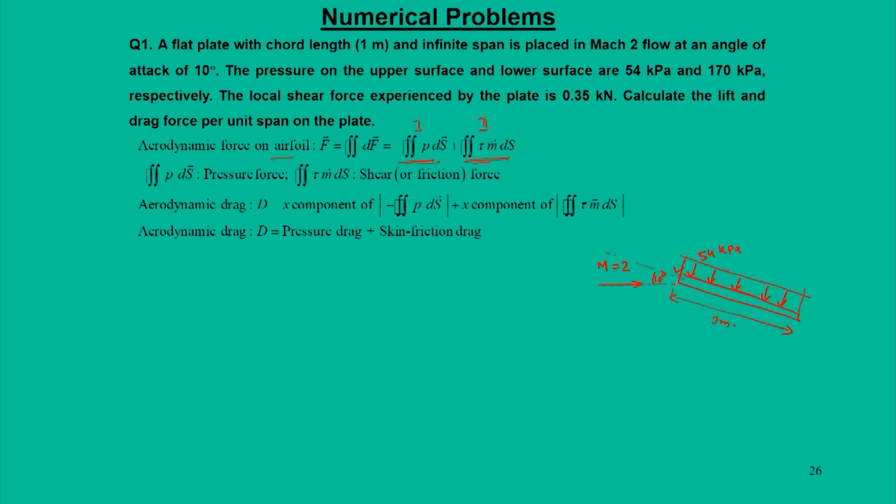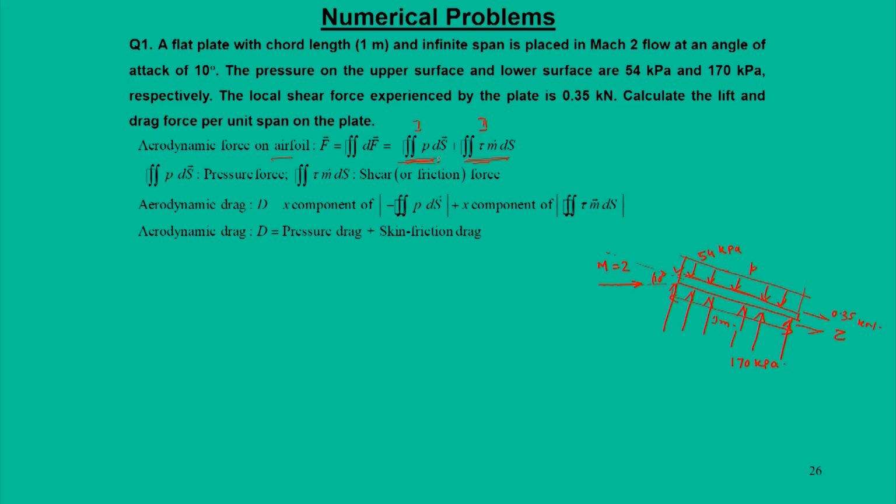Similarly, the lower surface experiences 170 kilopascal. The shear stress is experienced by both sides, the upper side as well as the lower side. We call this 0.35 kilonewton. So this is tau, and this is P.